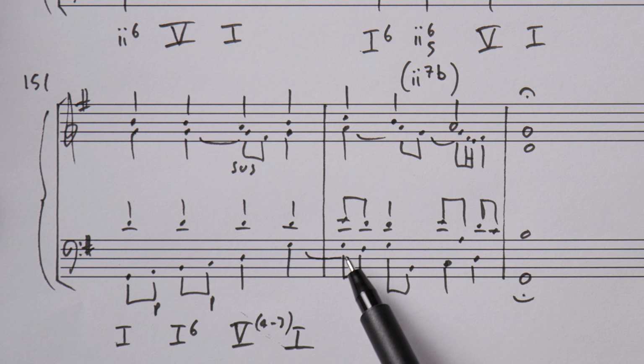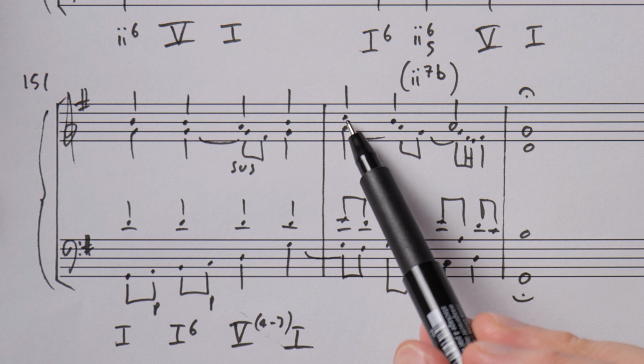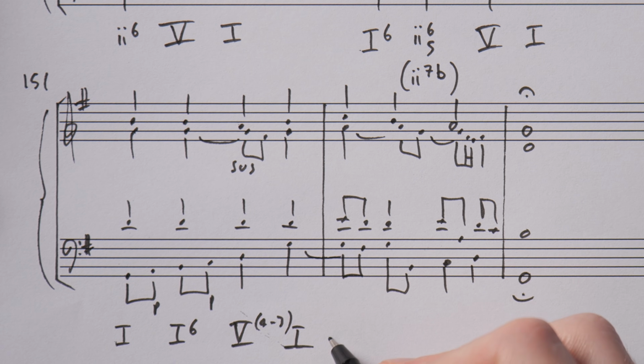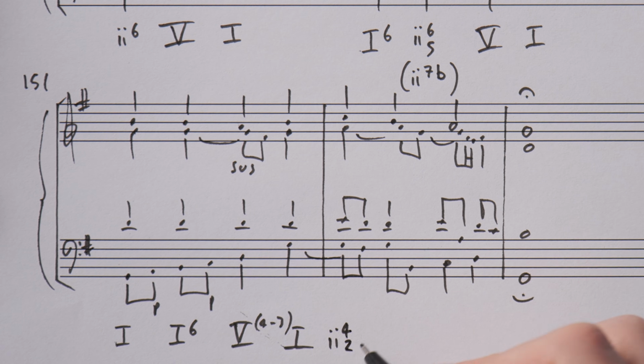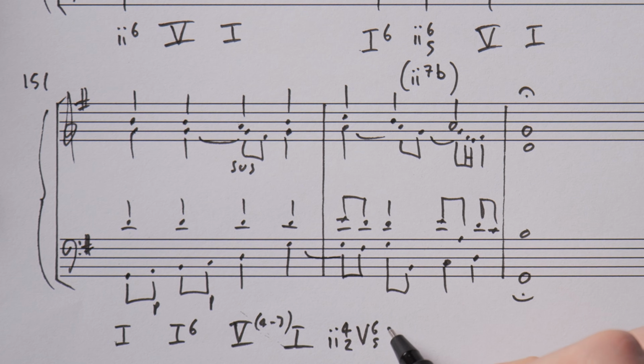And then in this bar, we've got the notes G, E, A, C. That's an A minor 7th chord in 3rd inversion. So it's 2, 4, 2, followed by dominant 7th chord in 1st inversion, and then back to 1.